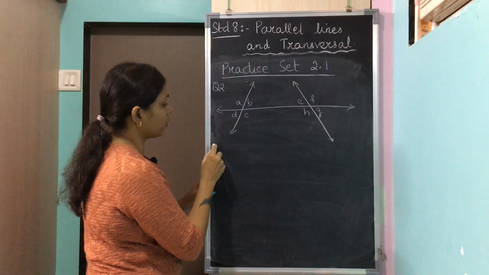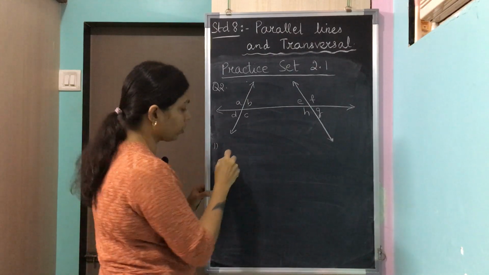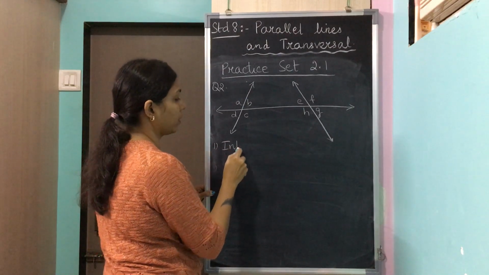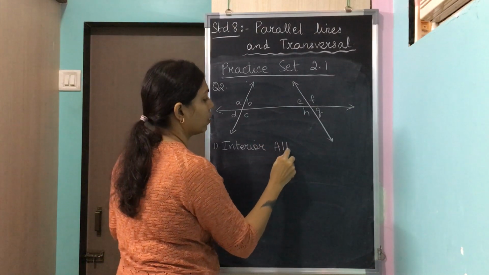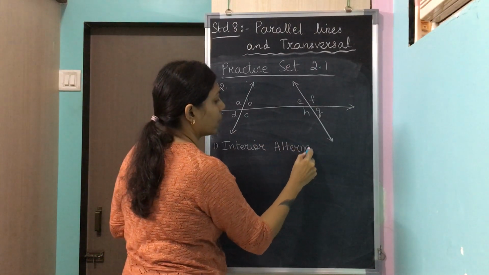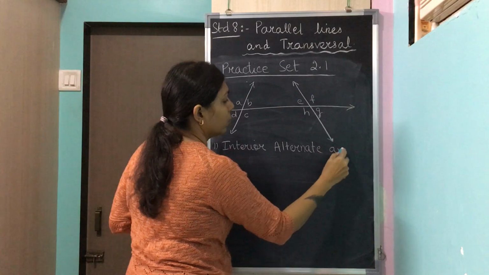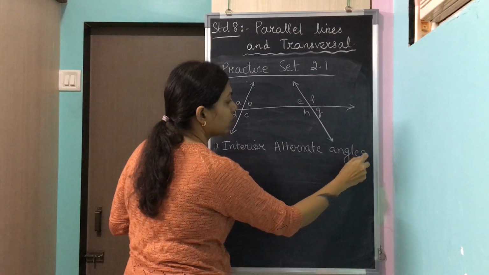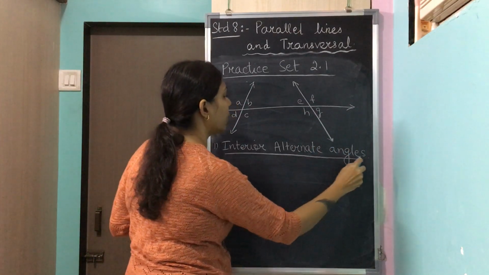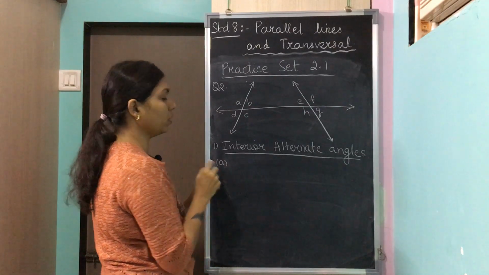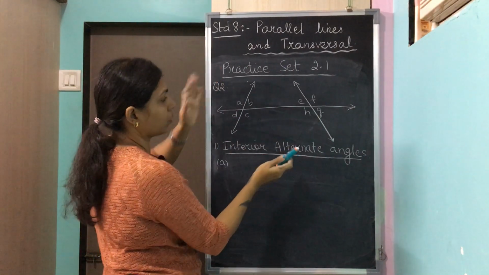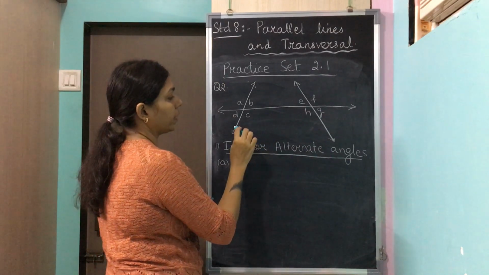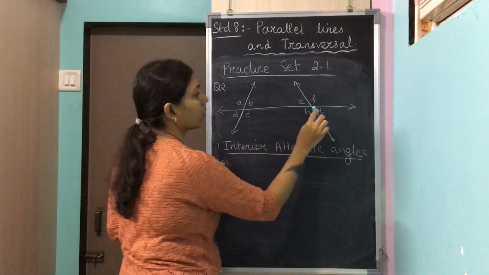The first thing which is asked over here is to write down your interior alternate angles. Your interior alternate angles are your Z formation and the inverted Z formation. Okay, so over here if we have to change the position of it like that, you will find it over here like this.